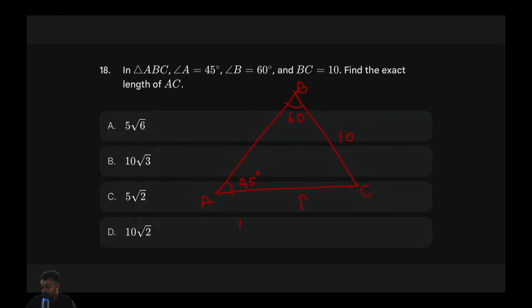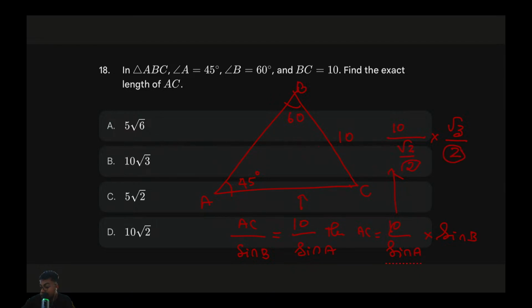So the sine rule is AC over sine B equals 10 over sine A, which is sine 45. So AC is 10 over sine A times sine B. That means 10 over sine of A, which is sine 45, root 2 over 2, times sine B, which is root 3 over 2.